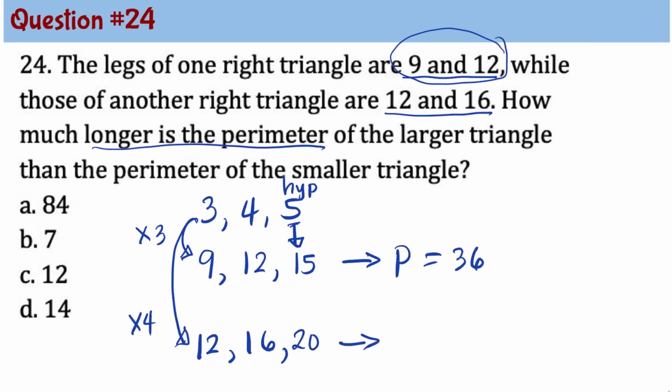And if you add the sides of this triangle, the perimeter will be 48. And the question is asking you, how much longer is the perimeter of the larger compared to the smaller triangle? So we're simply subtracting these two. So that means the difference is 12. So the answer is letter C.